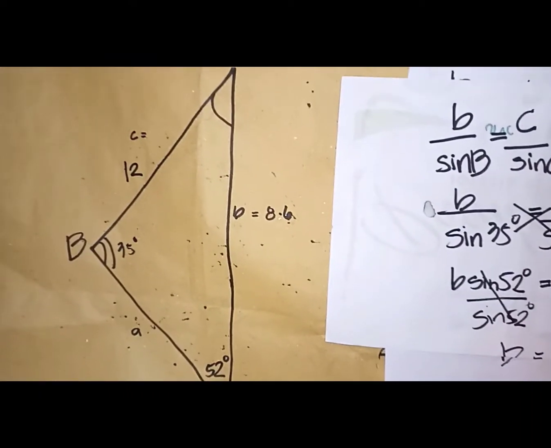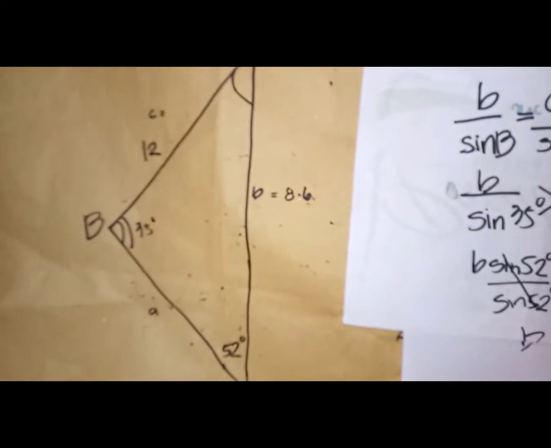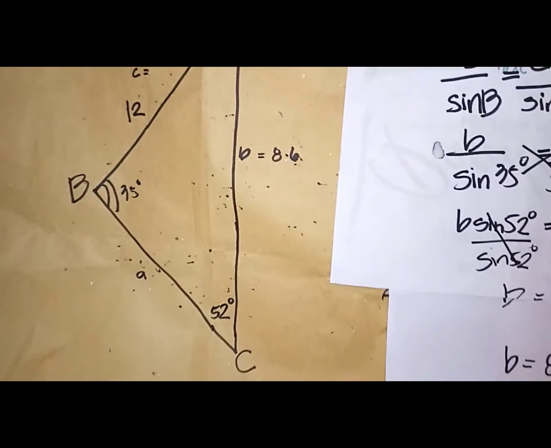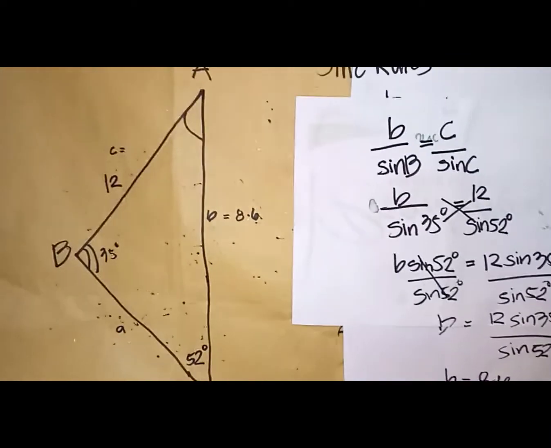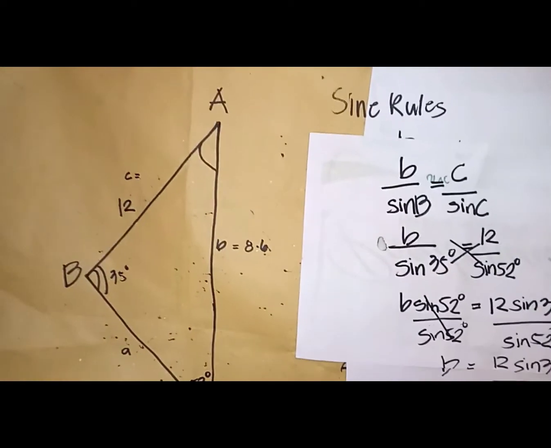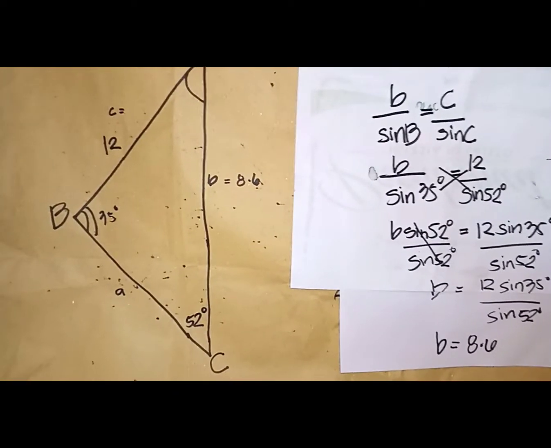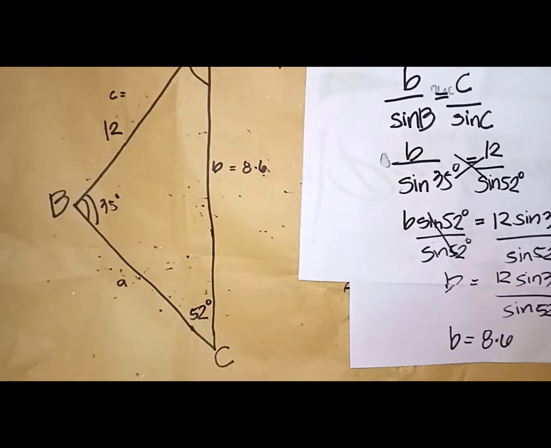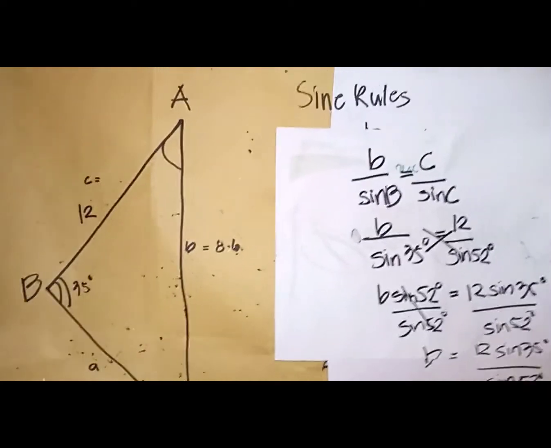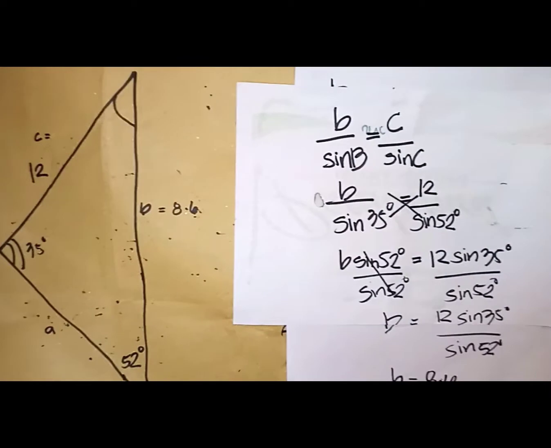As you can see, we already have the side C 12 and side B is 8.6, and angle B is 35 degrees and angle C is 52 degrees. So the next step that we're going to do is to find first the missing angle, which is angle A, to proceed on finding the measurement of the side A. In finding the missing angle, we're going to use the angle sum again.